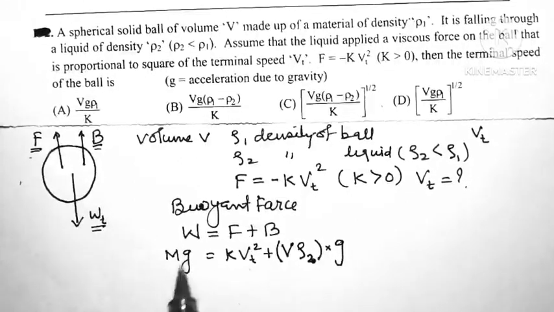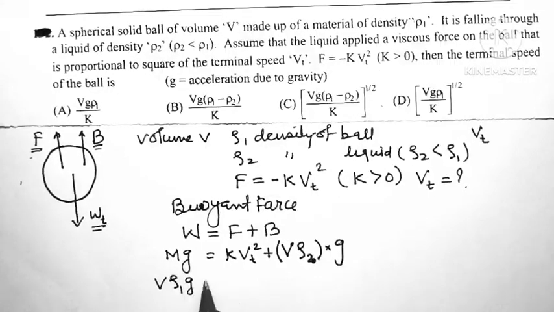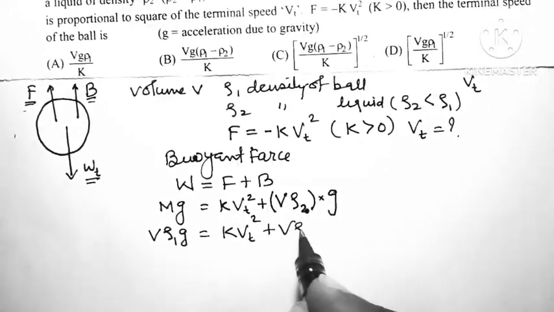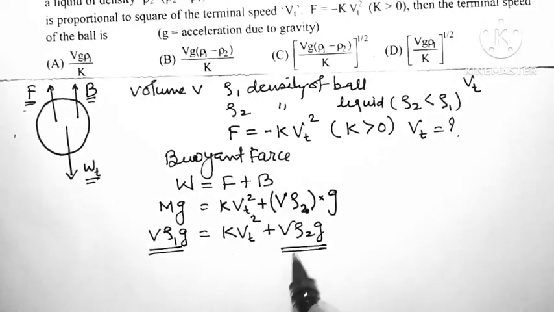Now the mass of the ball is equal to the volume of the ball into its density, so V rho 1 into g is equal to k into Vt square plus V rho 2 into g. Take this V rho 2 into g to the left side.